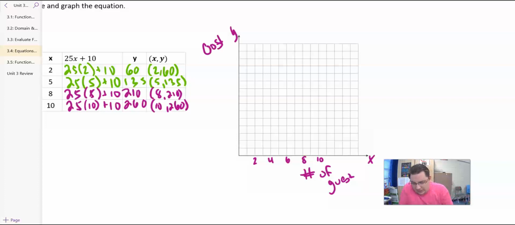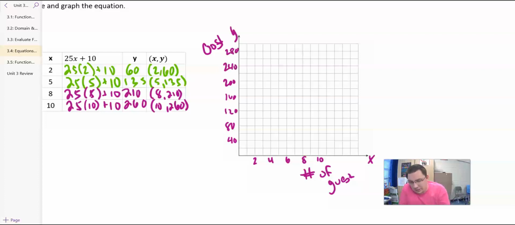And so we could count by 20. So this first line is 20, and then 40, 60, 80, 100, 120, 140, 160. This would be 200. This line is 240. This line here is 280. And the very top of the graph would be 300.